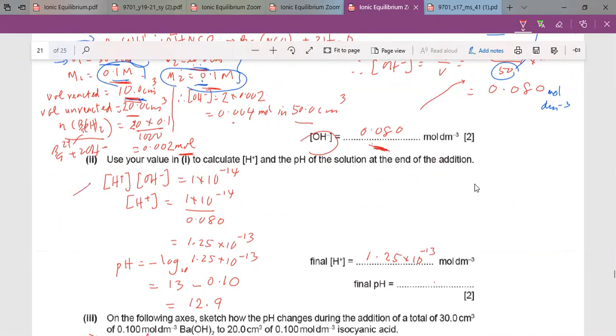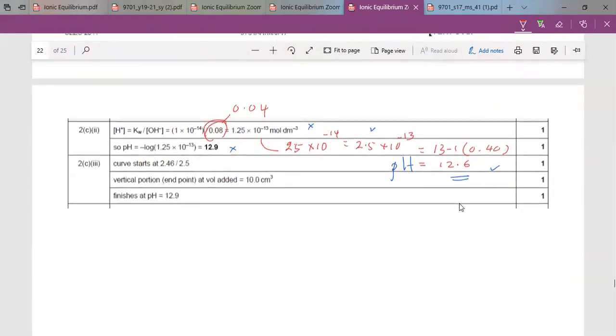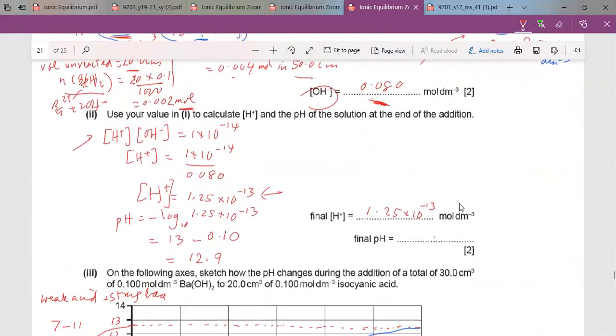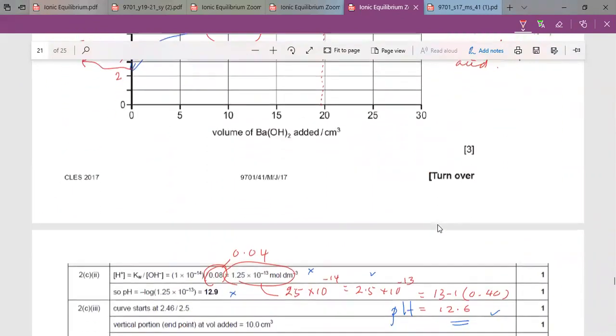So use your Kw, the 14 brings down the concentration of H plus, which is 1.25 times 10 to the power minus 13. So the pH, you do the log thing, equals 12.9.